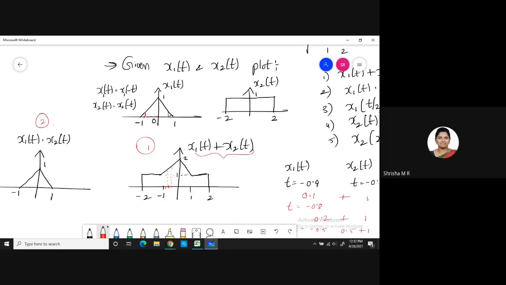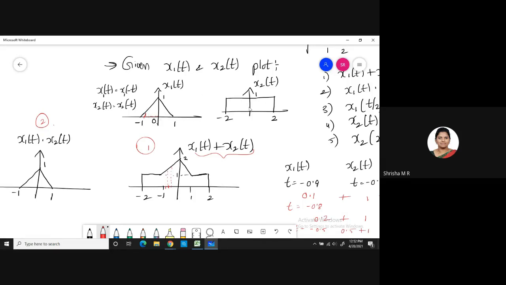What we have to do when multiplying is check from where to where the signals are present. x1 of t is present from -1 to +1 with an amplitude 1, whereas x2 of t is present from -2 to +2 with an amplitude 1. Take this as reference. When you multiply any waveform with an amplitude 1, you will get back the same waveform.